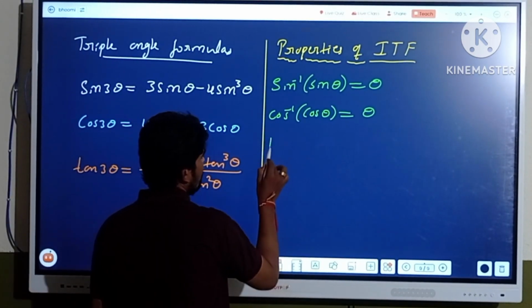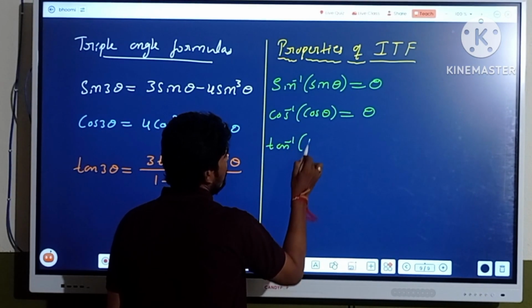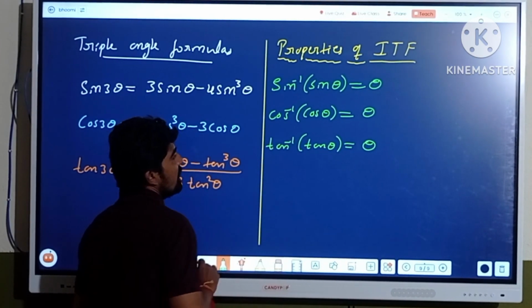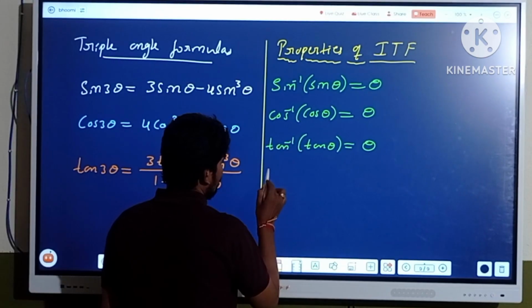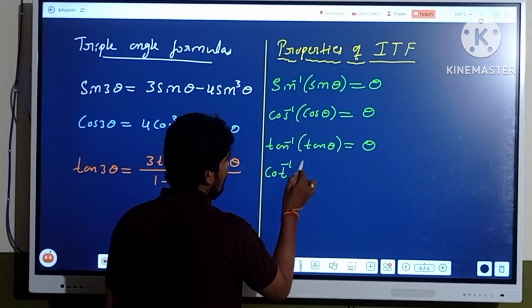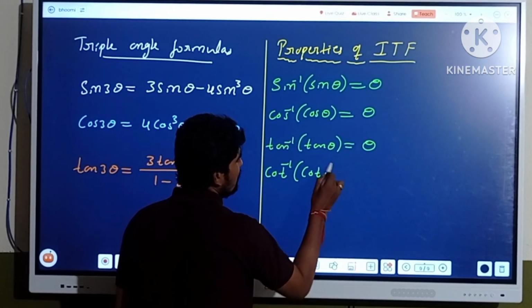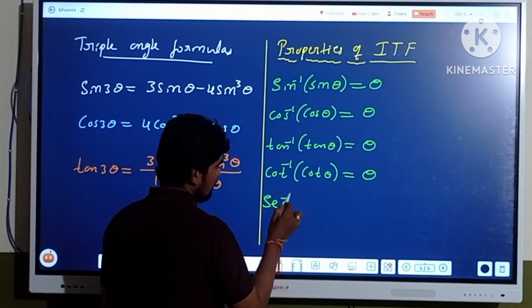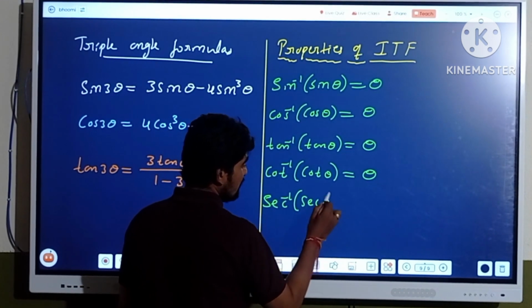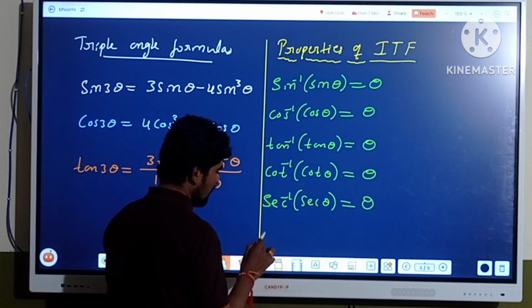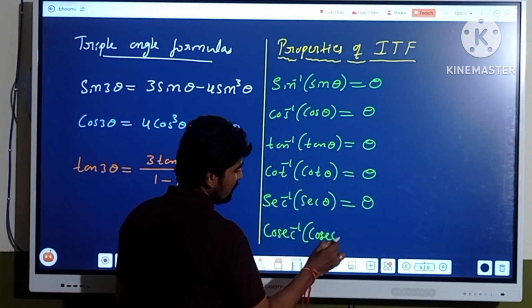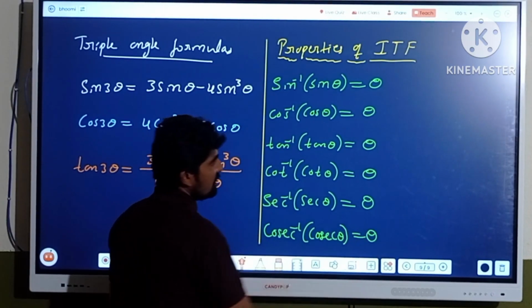And the third one, tan inverse of tan theta is equals to theta. And the fourth one, cot inverse of cot theta is equals to theta. Secant inverse of secant theta is equals to theta. And the last one is cosecant inverse of cosecant theta is equals to theta.